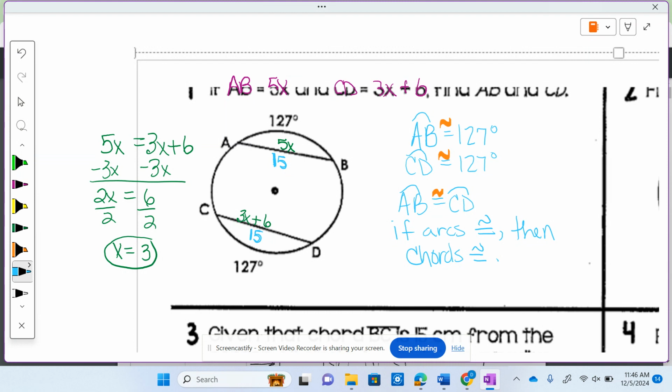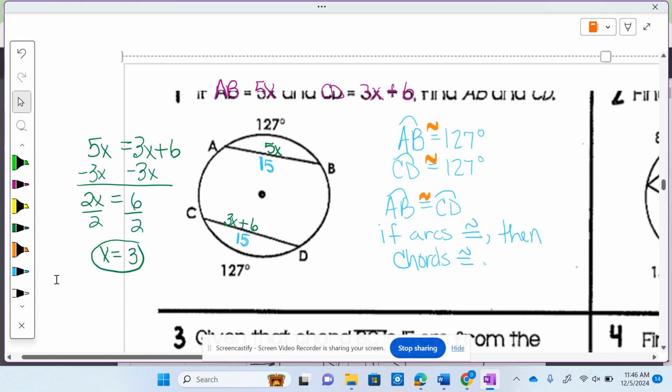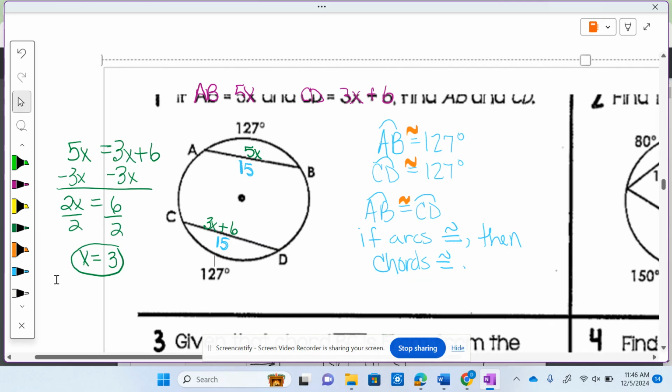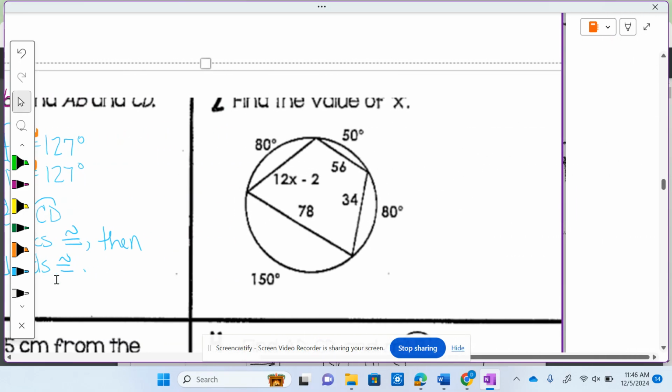I'm going to go across to number 2. Number 2 says find the value of x.